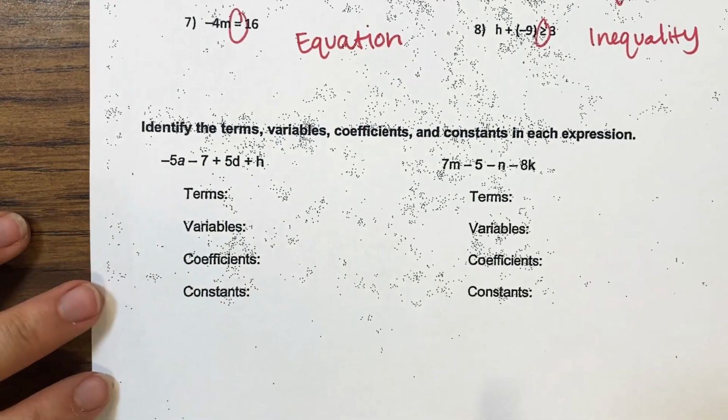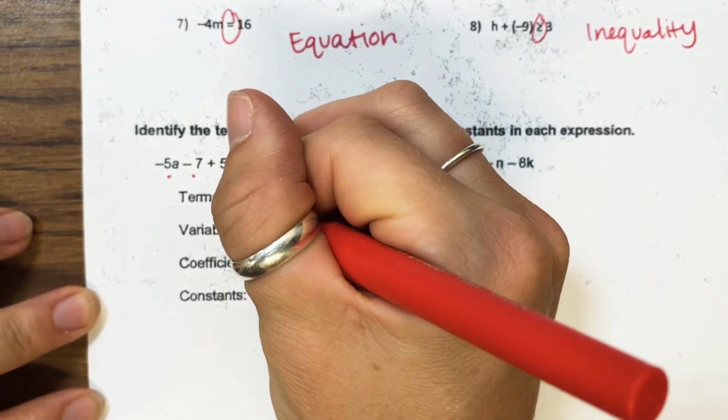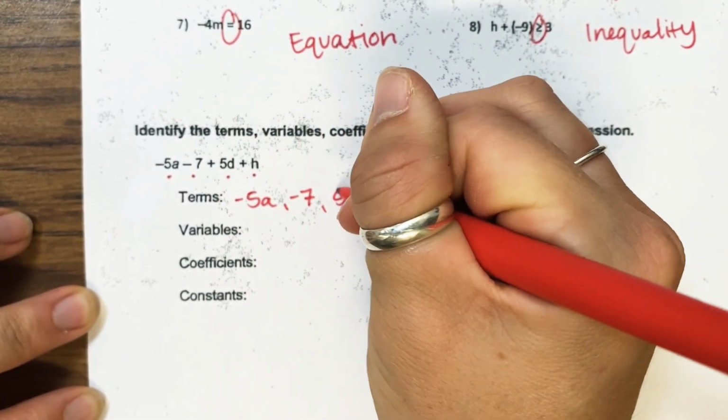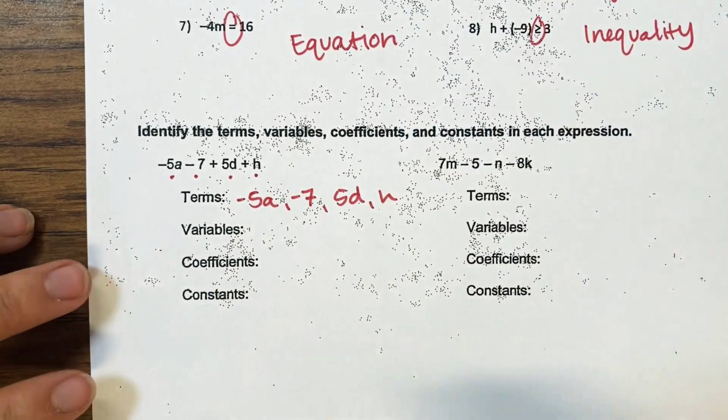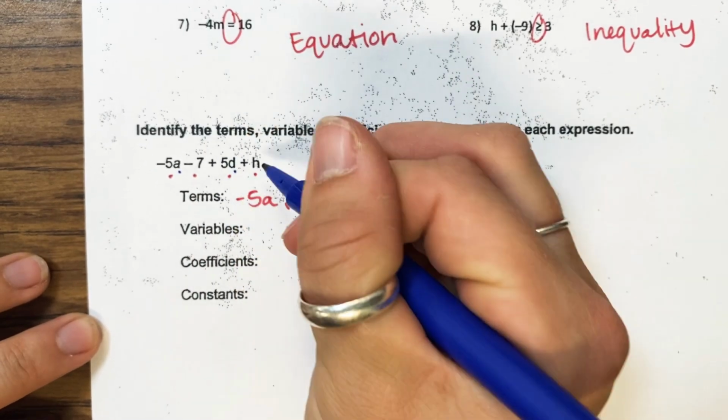Let's find our terms. So I have 1, 2, 3, 4 terms. Let's list them. -5a, -7, 5d, and h. Okay, our variables, the letters, a, d, and h.